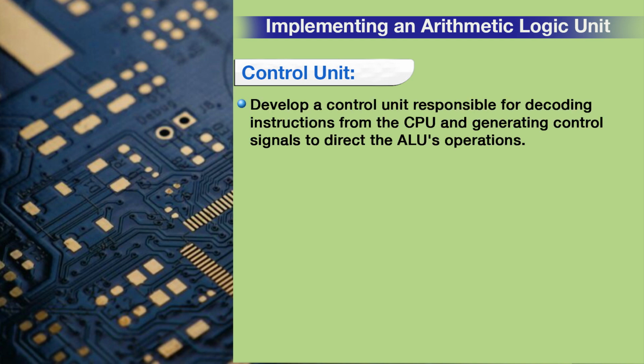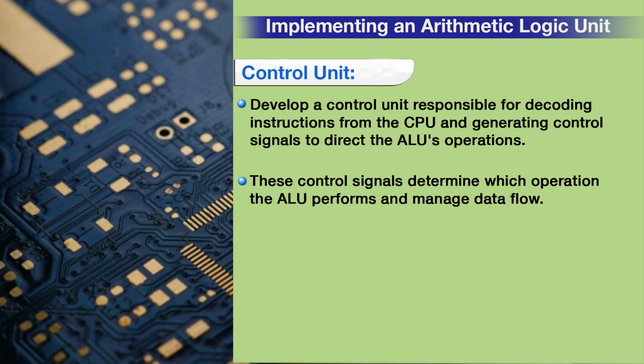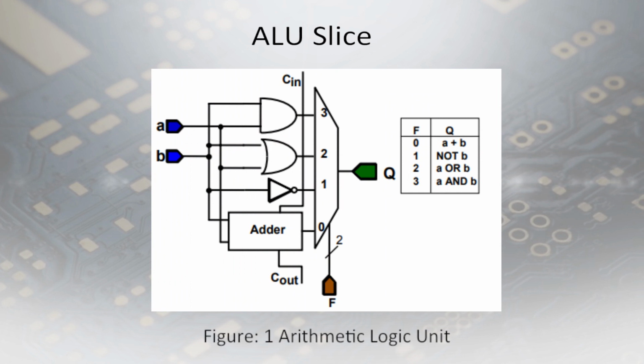The control unit is responsible for decoding instructions from the CPU and generating control signals to direct the ALU's operation. These control signals determine which operation the ALU performs and manage data flow. The figure shows the ALU's internal structure, which is called ALU slices.